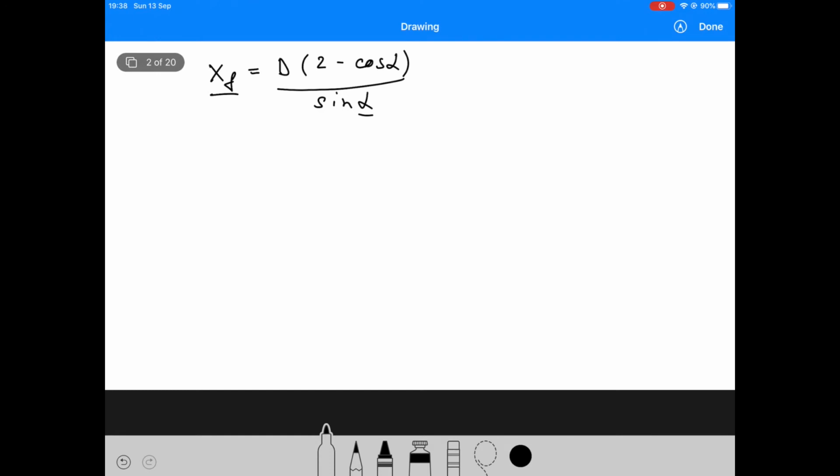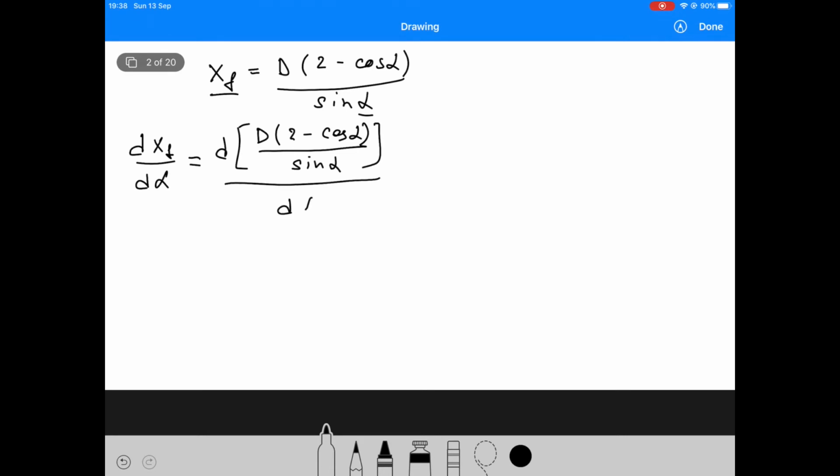So that means we have dxf divided by d alpha, where alpha is the independent variable, should be equal to d of capital D times (2 minus cosine alpha) divided by sine alpha, over d alpha, and this should be equal to 0.